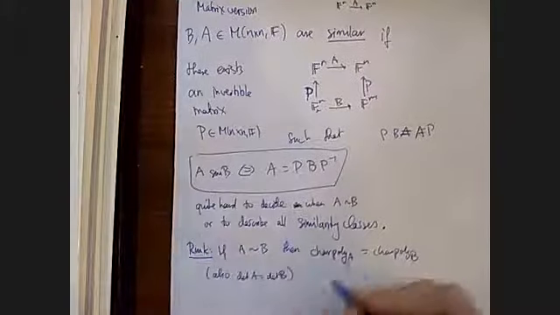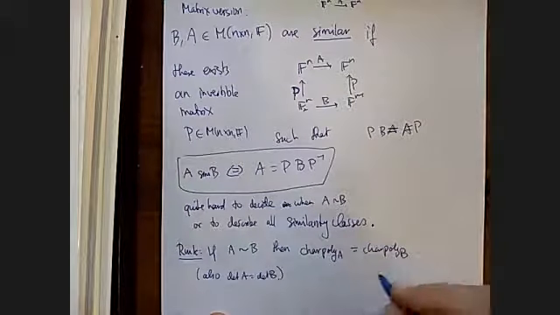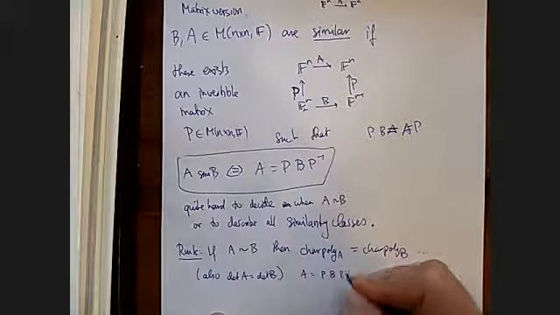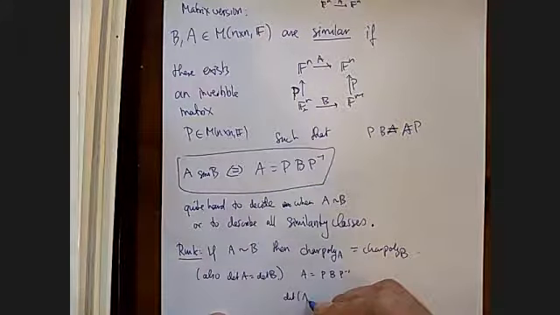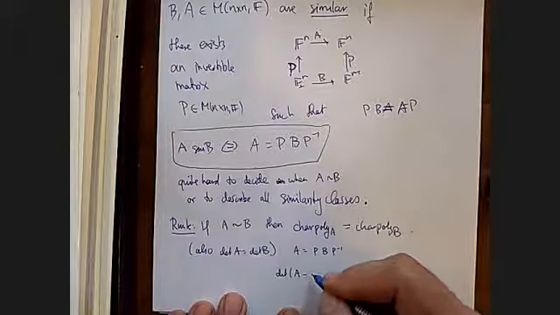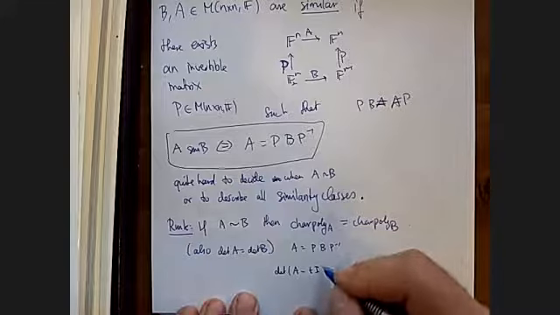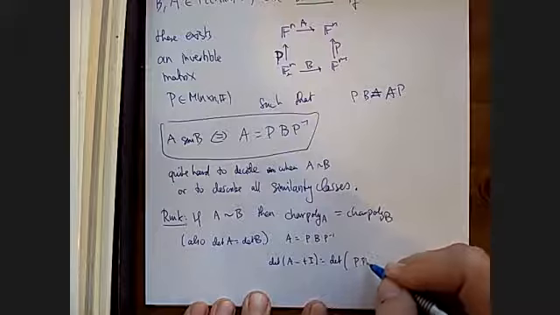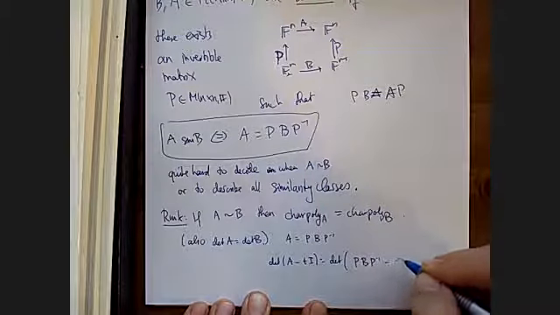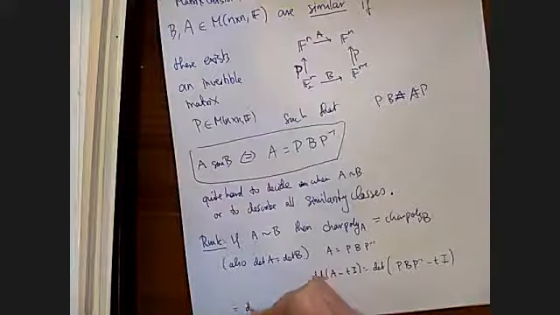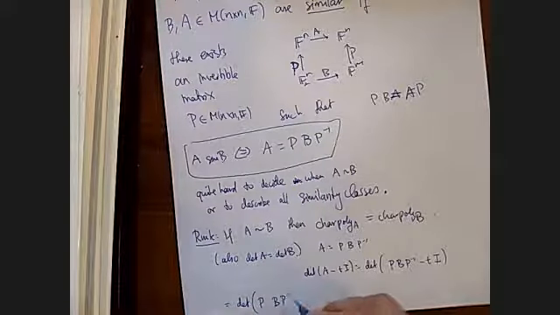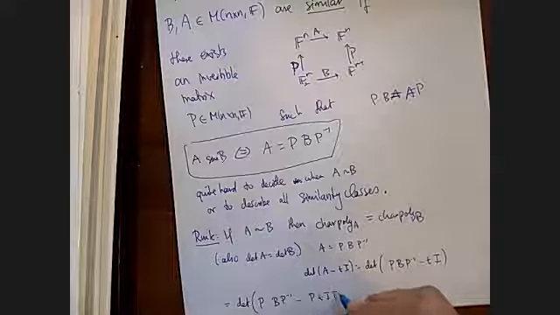So, right, we can see this easily. If A is equal to P, B, P inverse, then the determinant of A minus T times the identity matrix is equal to the determinant of P, B, P inverse minus Ti, which is equal to the determinant of P, B, P inverse minus P, Ti, P inverse.